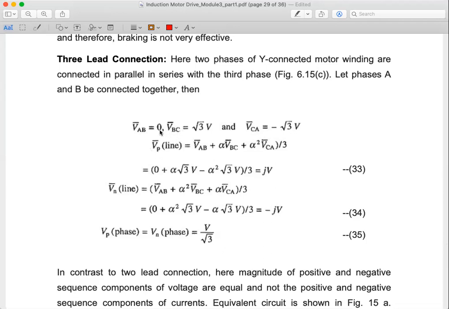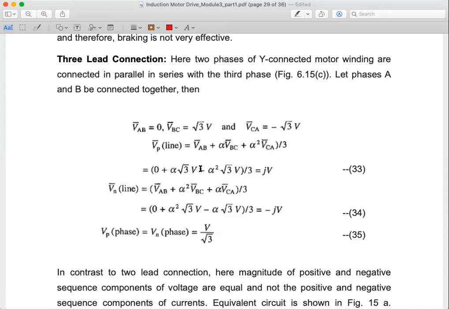Now what is the positive sequence component line voltage? That's nothing but 1/3 of VAB plus alpha VBC plus alpha square VCA. When I substitute these values, VAB is 0, VBC is root 3 V, VCA is minus root 3 V. So I get alpha minus alpha square into root 3 V by 3.